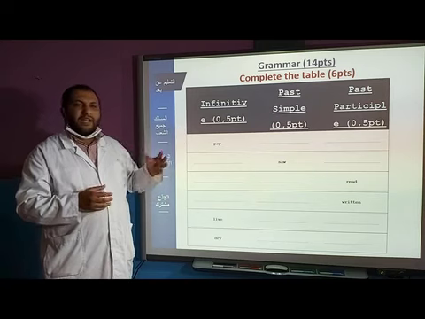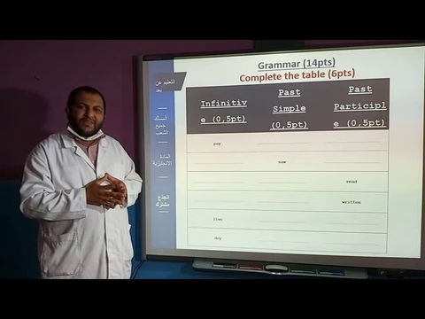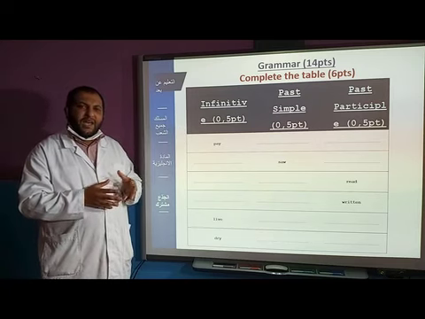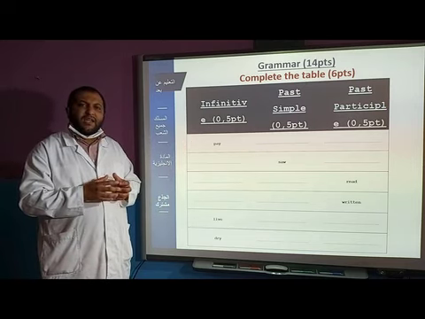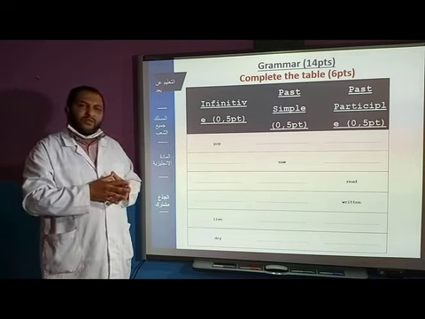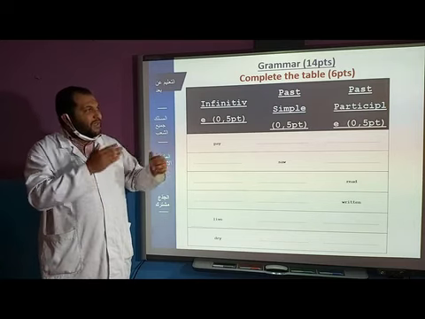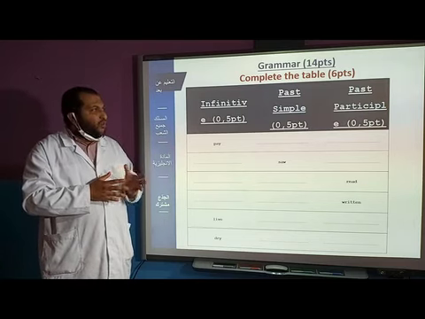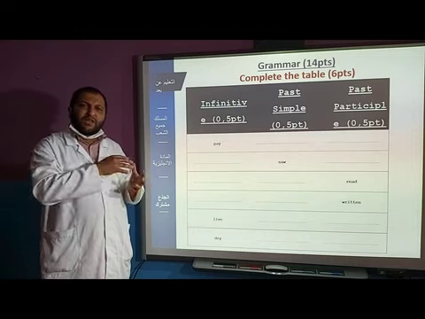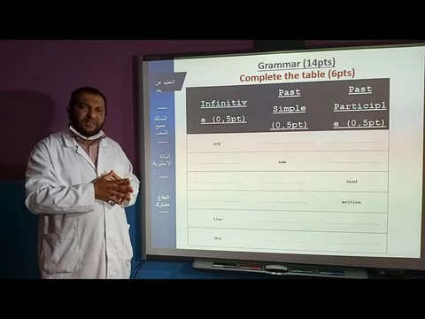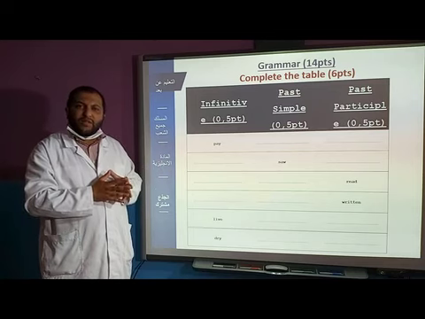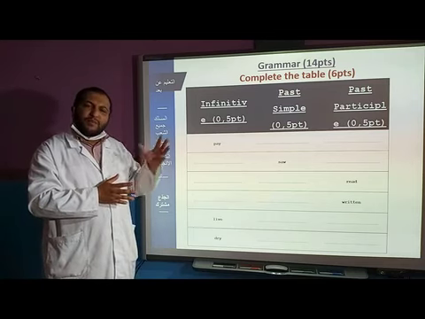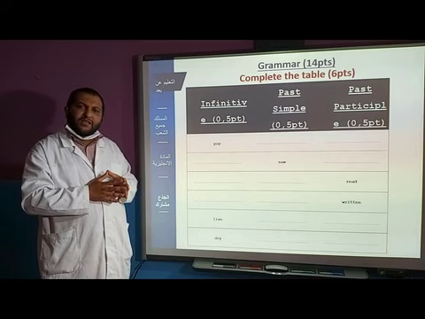As you see, let's try to complete the following table. Either you are provided with the infinitive and you need to fill in the past simple and the past participle, or you have past simple and you need to come up with infinitive and past participle, or you have past participle and you need to come up with past simple and infinitive.